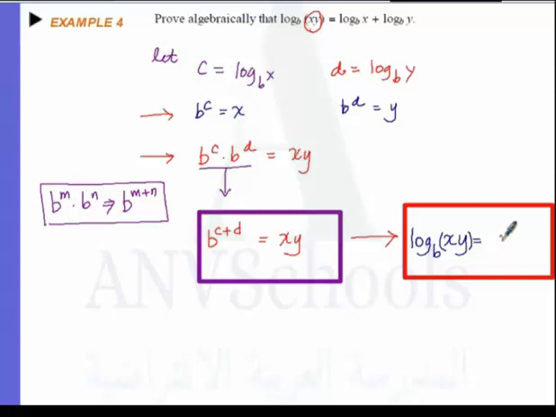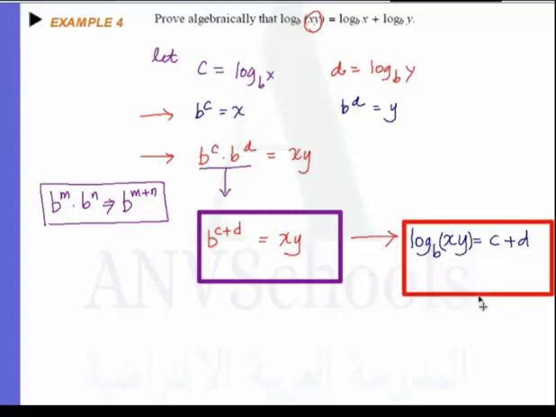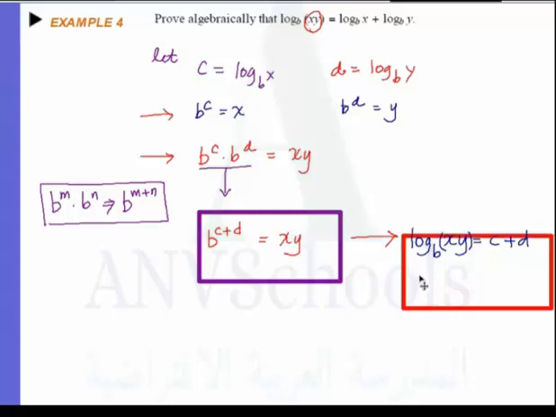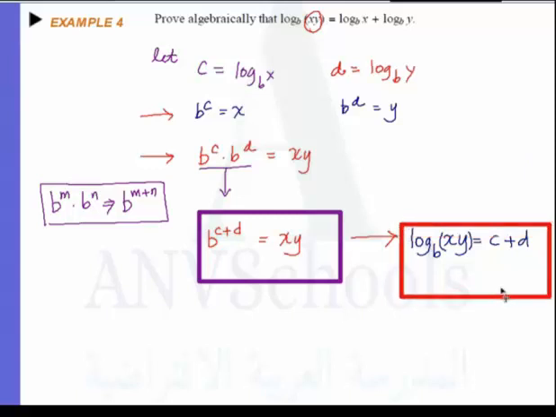And what is our c? Let us write here first, log of b xy is equal to c plus d, and our c is equal to log bx, and our d is equal to log by.